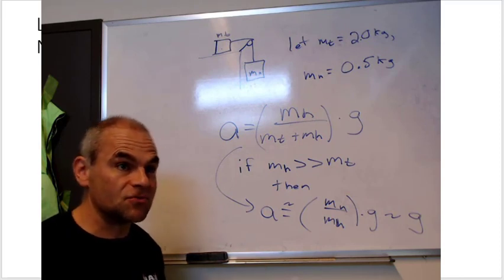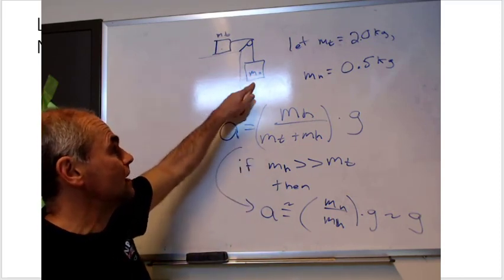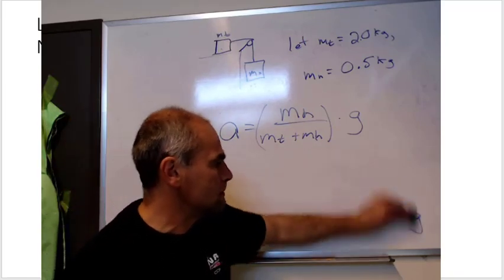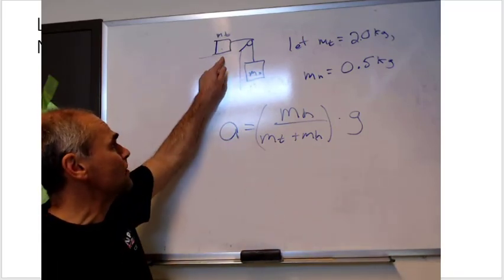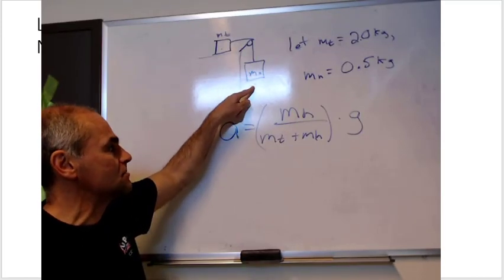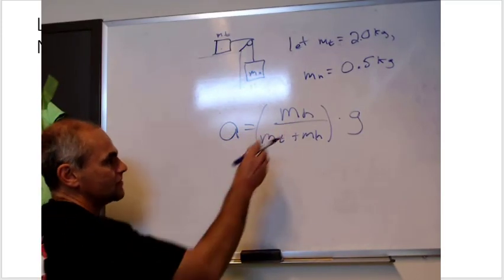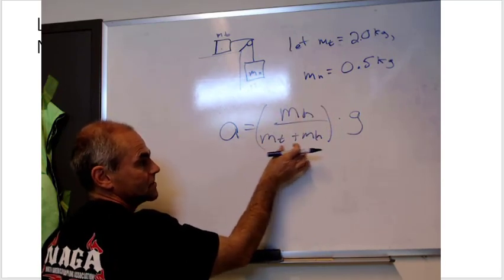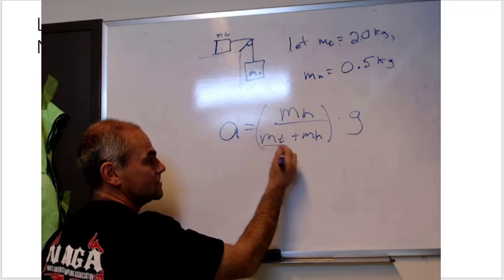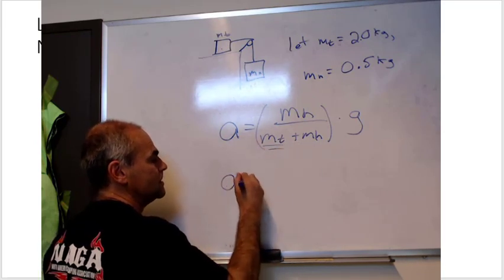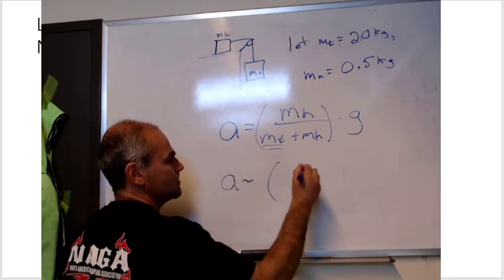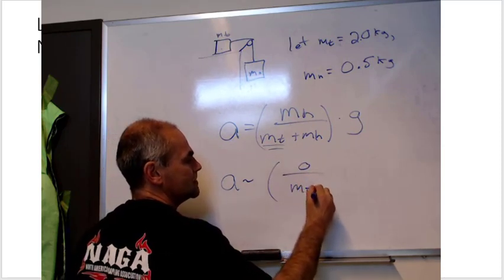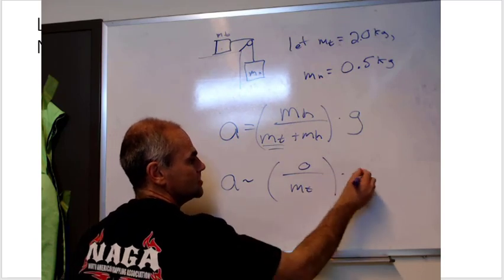Now let's look at the other extreme of making this one really big and that one really small. Let's see what happens when I do that. So if the block on the table is really big and the hanging block is really small, then what's going to happen here, if this is really small, it would start looking like 0. And if this is really big plus something really small, it would look like that thing that's really big. So this would approximately be equal to something that's close to 0 divided by mt plus 0 times g.